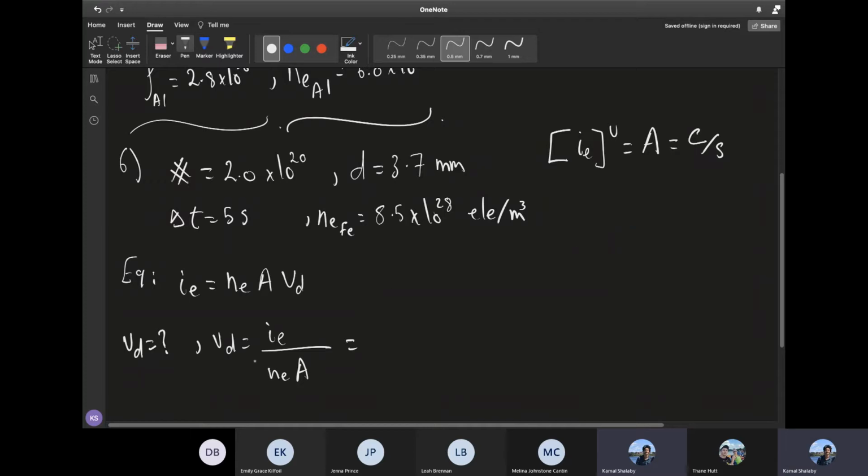So now, the electron current is the electron flow. How many electrons are passing in 1 second? How can we find that? What is that equal to?